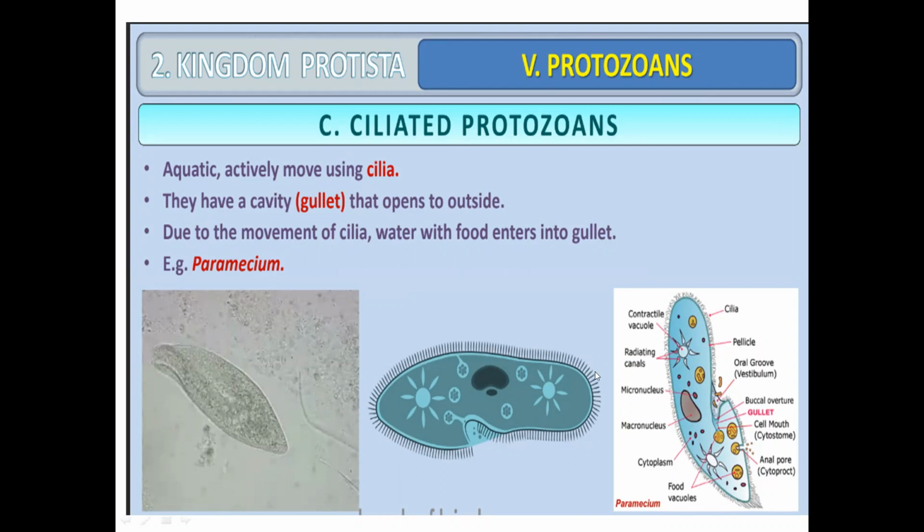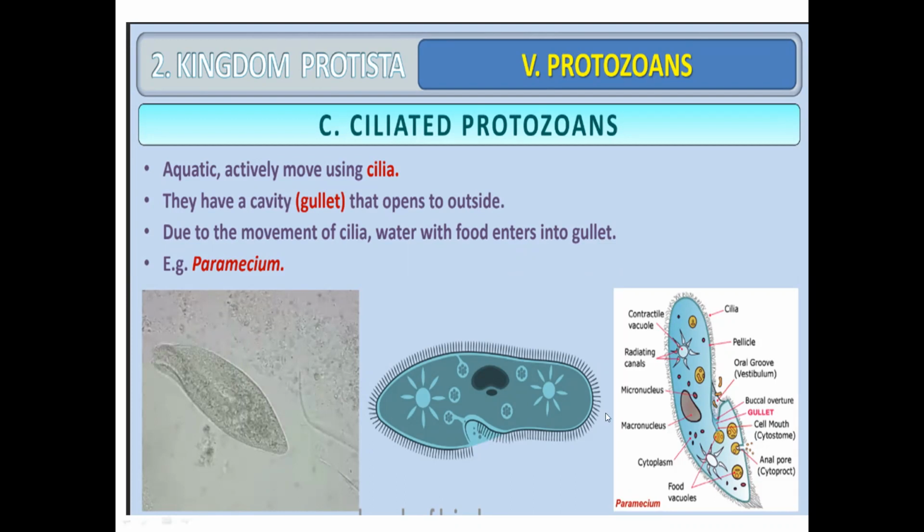This is all cilia, this brush-like structure. So they have cilia. They have a gullet, a cavity through which food can enter inside. It is like a mouth. Till now, there is no organism we have seen with a mouth, so this is somewhat the starting of a mouth.